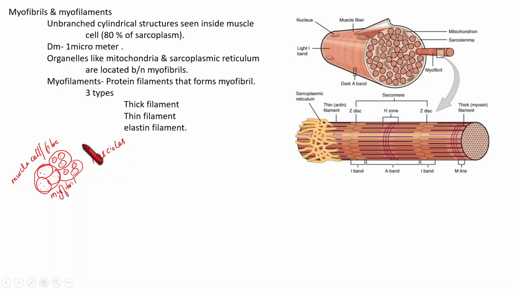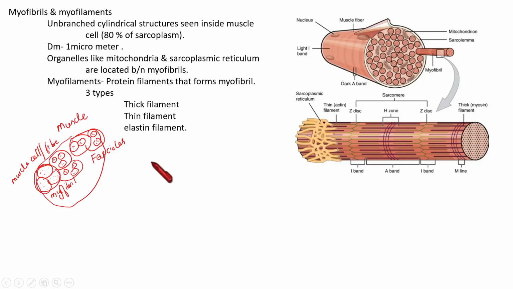I'm going to draw one more fascicle. This is a muscle cell, and I'm going to draw one more muscle cell. So two fascicles, I just drew only two fascicles here, but so many fascicles form a muscle.